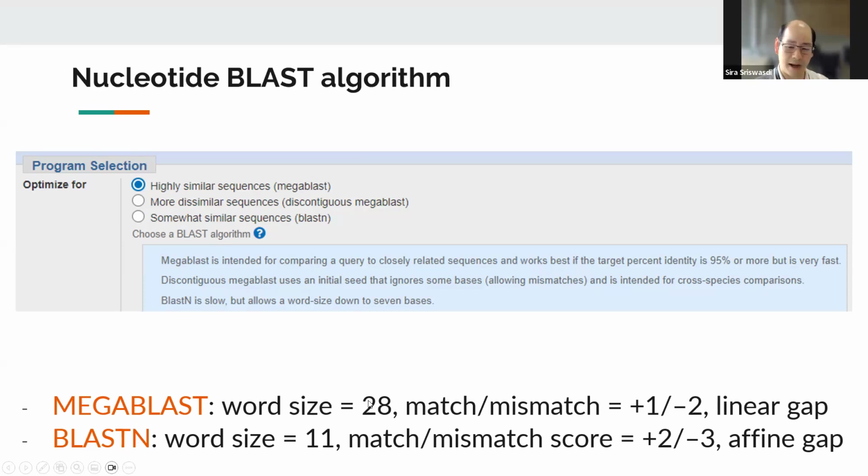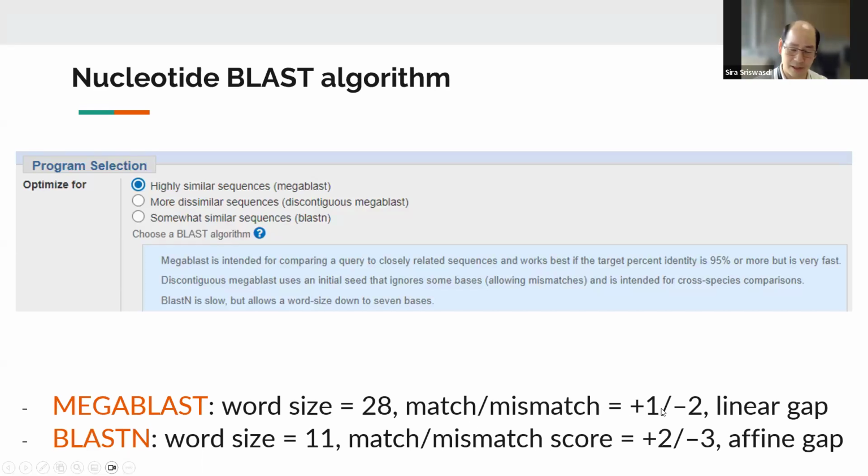Okay? If we have a certain length of query and we have a certain expectation of sequence identity of matches, then we can expect a certain length of perfect matches. For megablast, it's 28 nucleotides perfectly matched. And it uses a match/mismatch score of +1, -2.